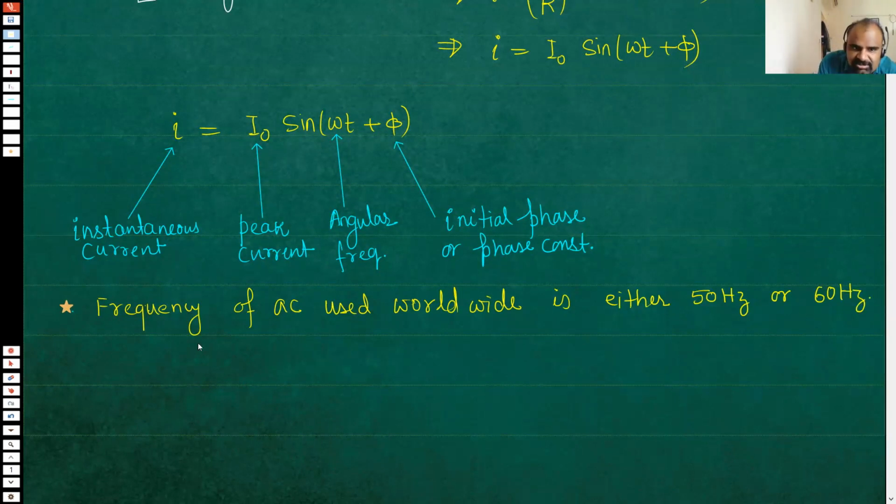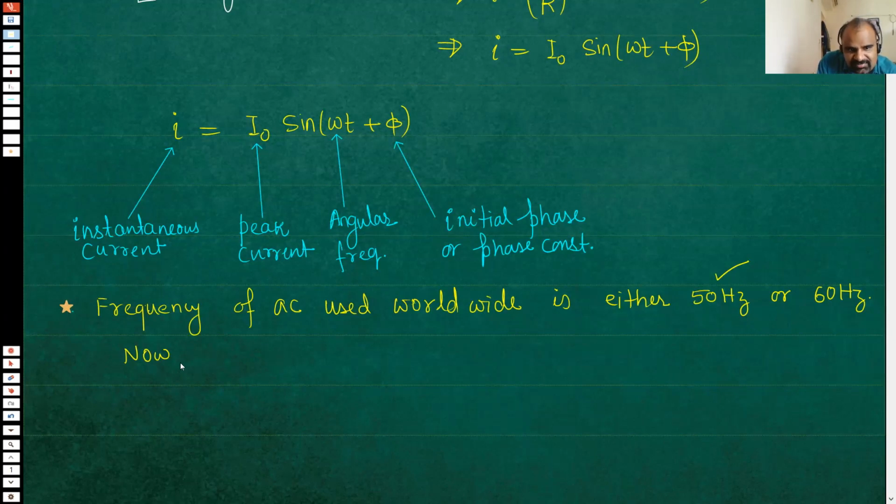Some people write AC in small letters, some in capital letters. There is no particular rule for that. This is a fact. But standard is 50 hertz. So if in a certain question the examiner forgot to give you the value of frequency, you can take it as 50 hertz.